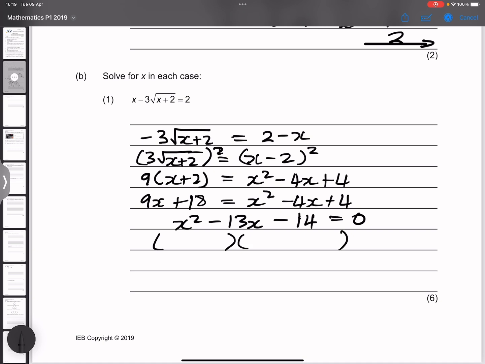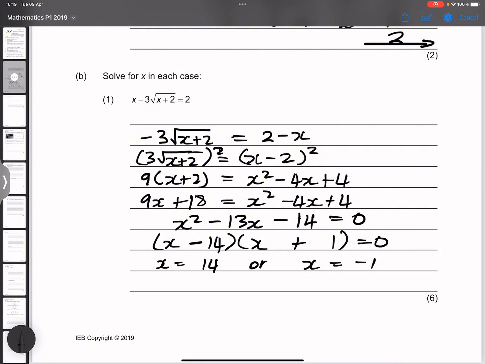Factors of 14 such that when you subtract them, you get 13. That's definitely going to be 14 and 1, isn't it? Our 14 is going to be negative actually, so that's negative and that is positive. That's equal to 0. So x is equal to 14 or x is equal to negative 1.